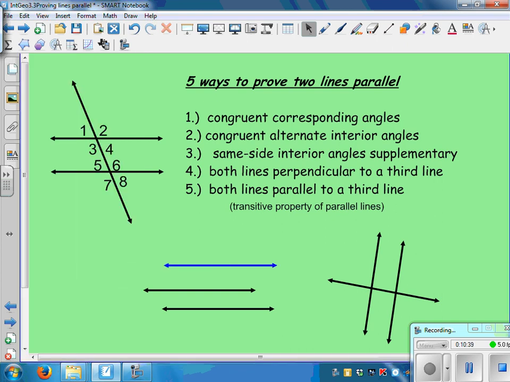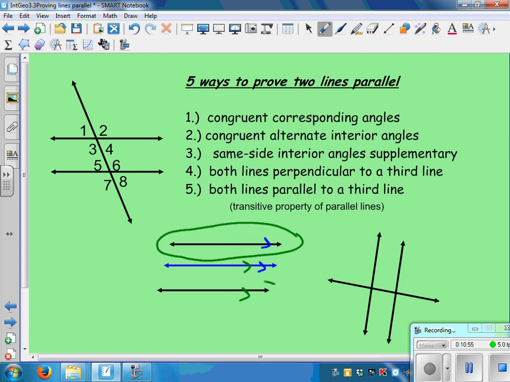If I tell you that the line above the blue line is parallel to it, and the line below the blue line is also parallel to the blue line, are the 2 red ones parallel to each other?